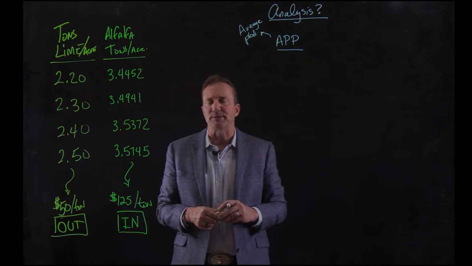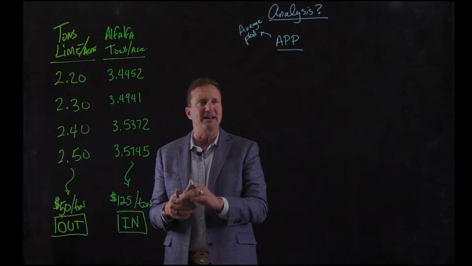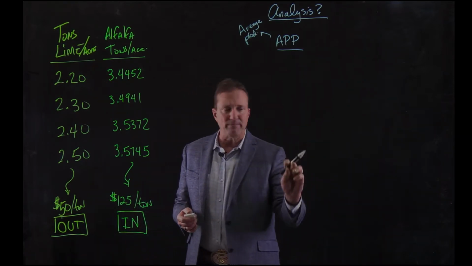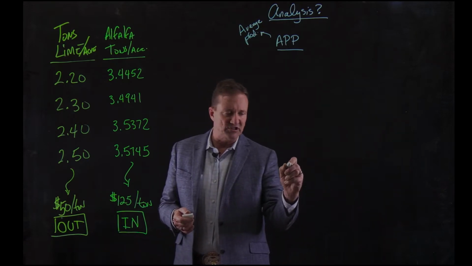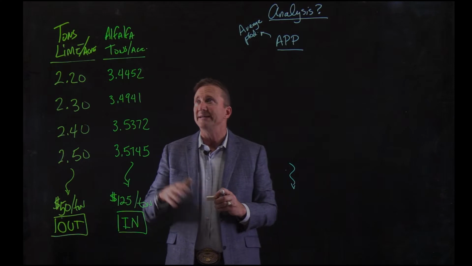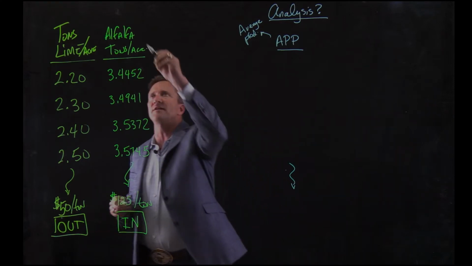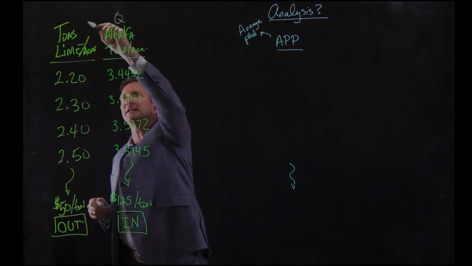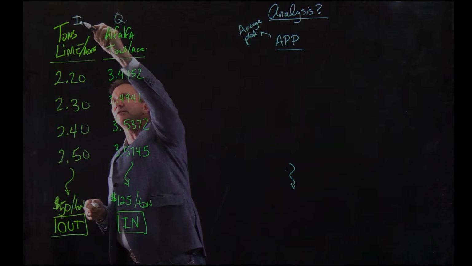Well, averages are pretty easy. They're just a number divided by a number. So I'm going to run down here to the bottom of my column. And what is the formula for average physical product? It's easy. I'm going to call this my quantity, and I'm going to call this my input.